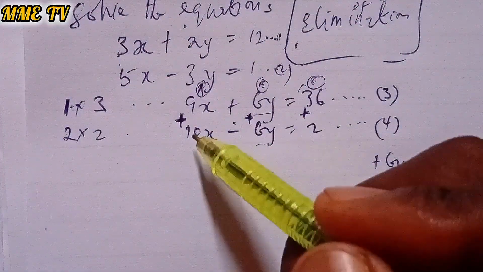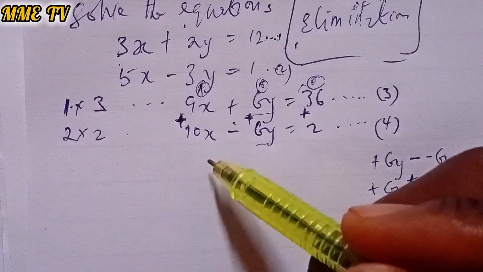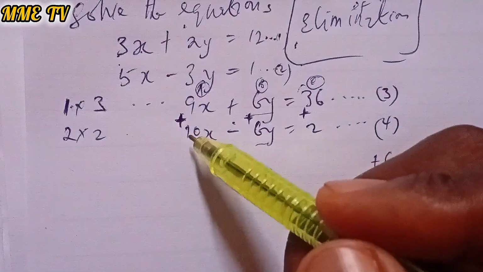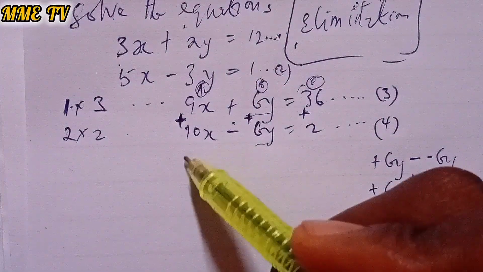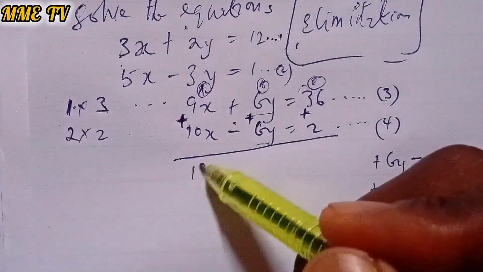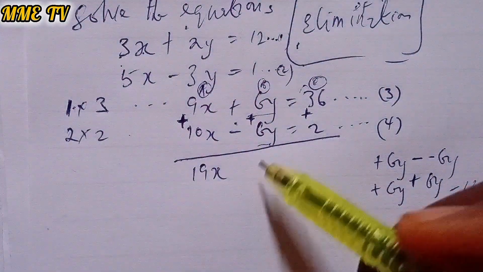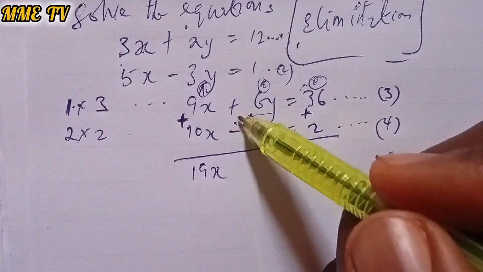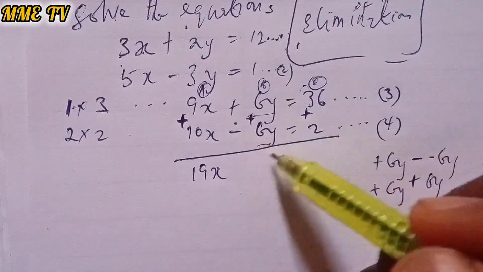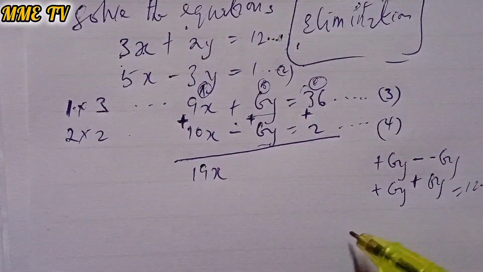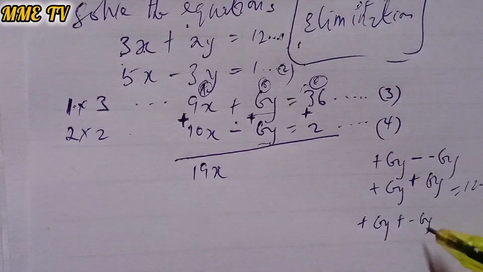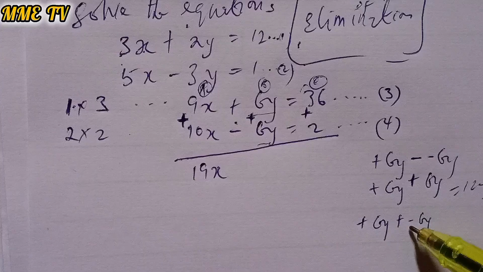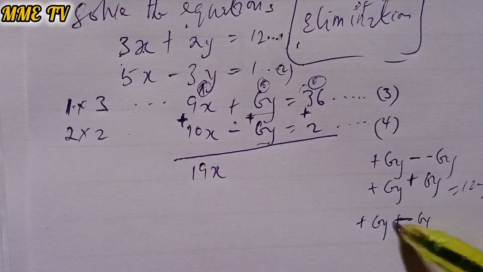Now that I've successfully gotten the sign to use, which is the positive, right? So 9x plus 10x will be 19x. Then plus 6y plus minus 6y. What does that mean? It means plus 6y plus minus 6y. Plus times minus will give us minus.